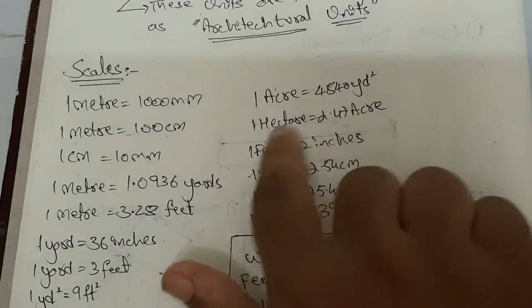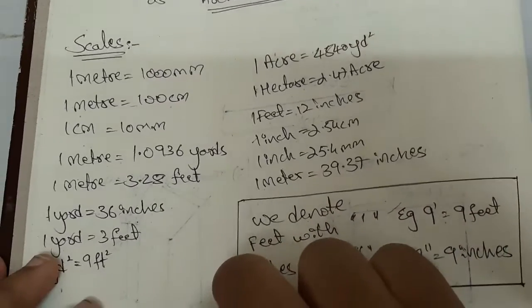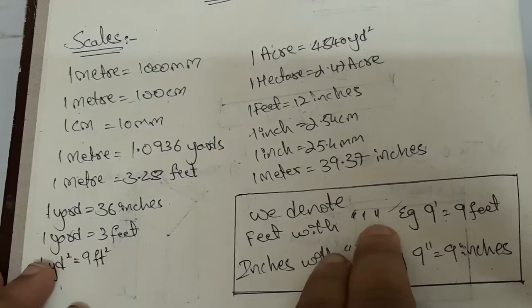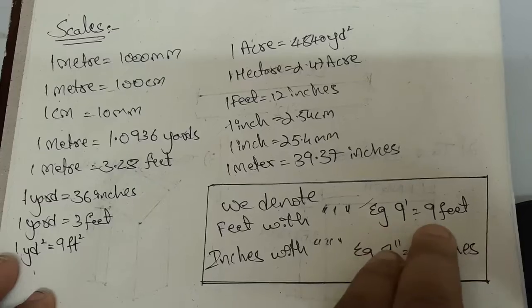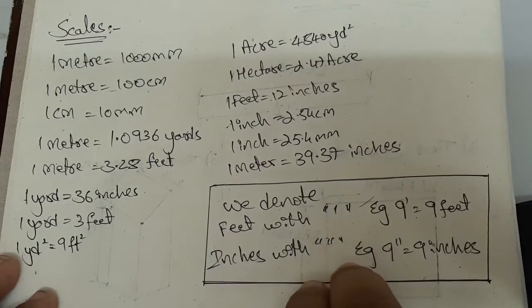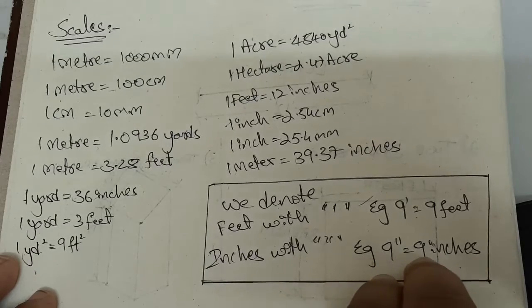So these are the most important conversions we have. Also, we denote feet with a single tick mark, that is 9 single mark is equal to 9 feet, and we denote inches with a double tick mark, that is 9 double mark is equal to 9 inches.